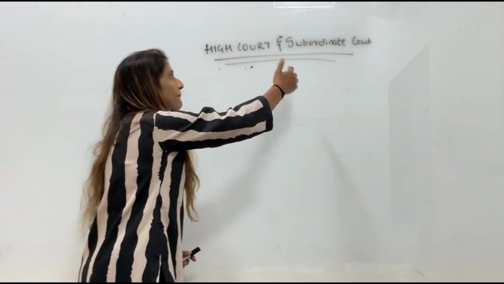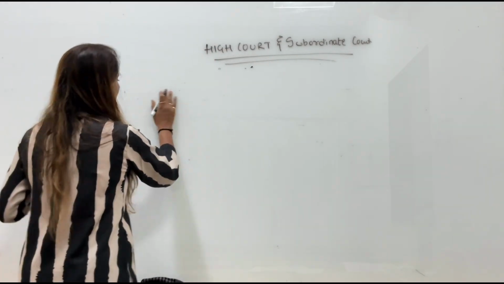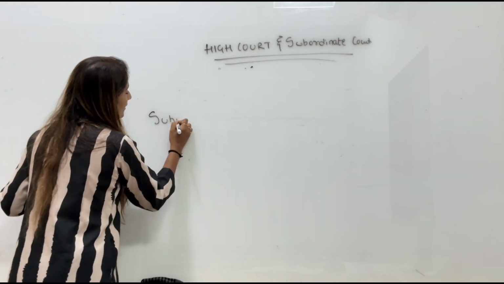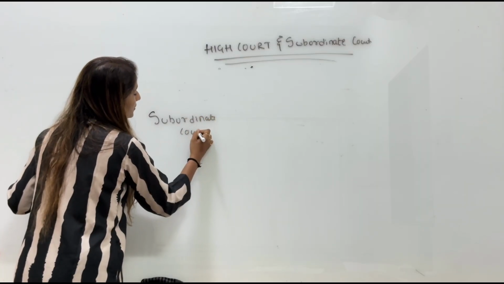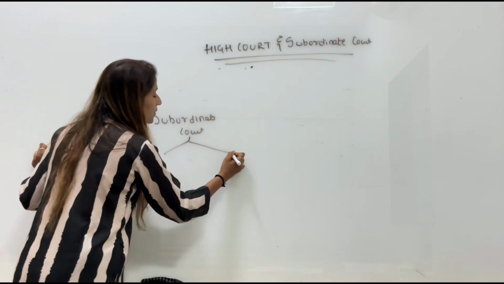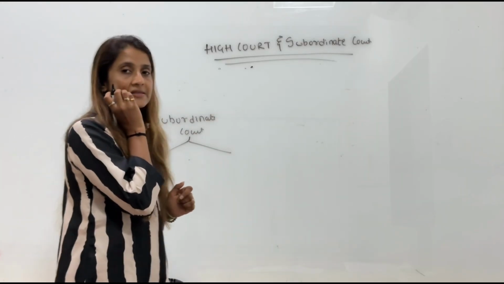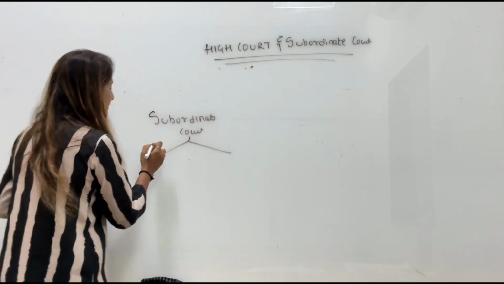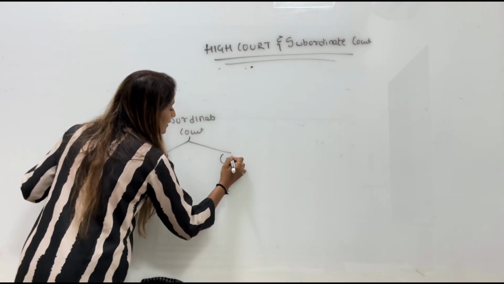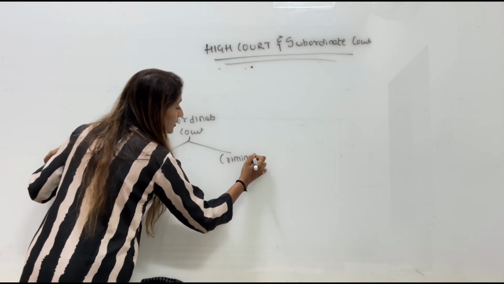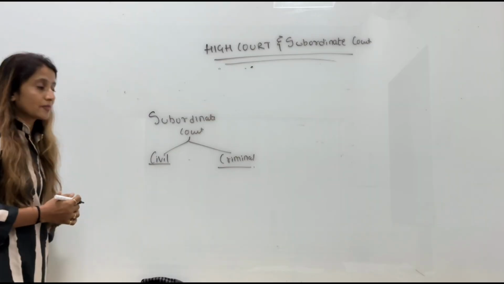Before I do appellate jurisdiction, let me give you a little briefing about subordinate courts. We have subordinate courts at two levels for two types of cases. We have subordinate courts for civil cases and subordinate courts for criminal cases.